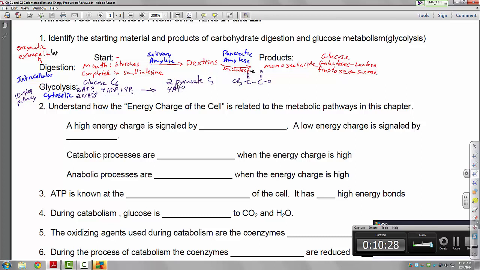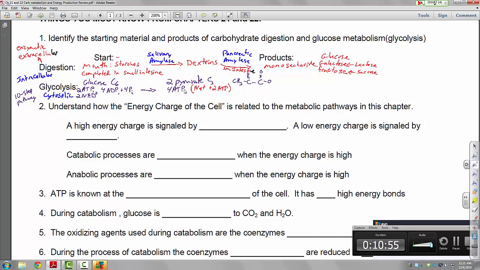So what comes out is 2 pyruvates, 4 ATP. Now we used 2 ATP at the beginning to activate glucose, and then we get 4 out. So the net is just plus 2 ATP. So for each glucose that goes in, we net 2 ATP molecules.